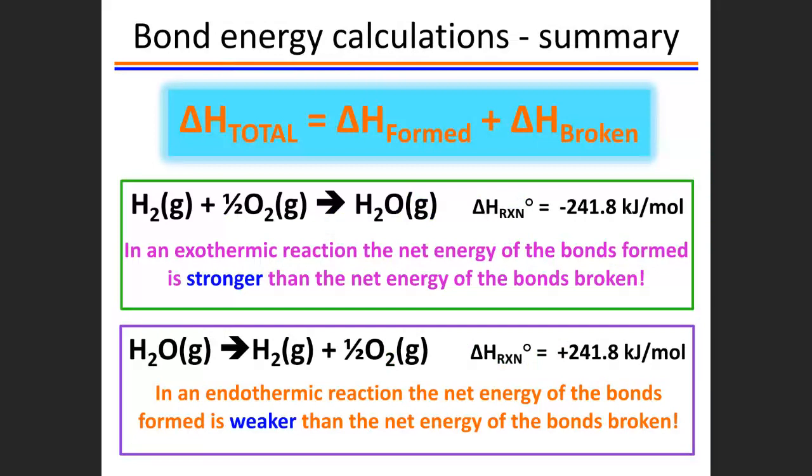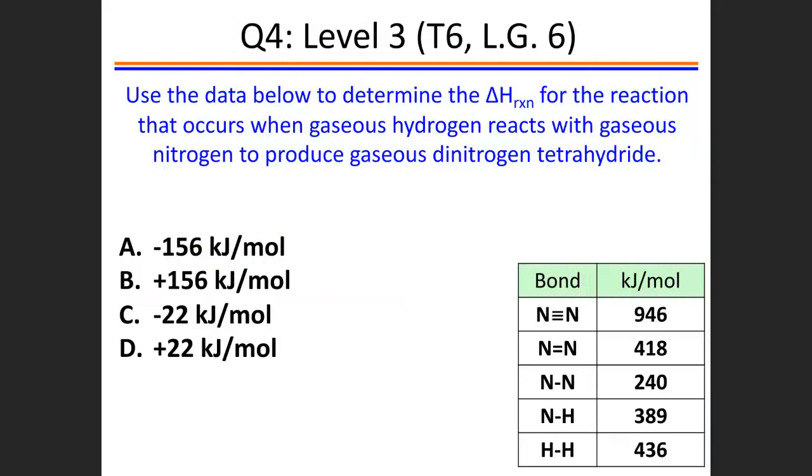Bond energy calculation summary: the same thing, look here. Now we have an example. Use the data table to determine the total change of heat for the reaction that occurs when hydrogen gas reacts with nitrogen gas to produce N2H4 gas.